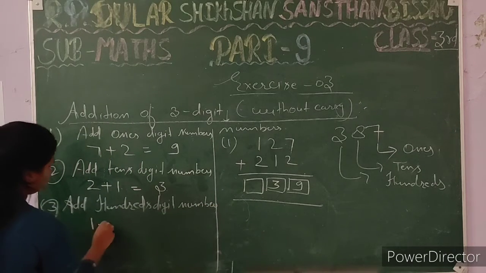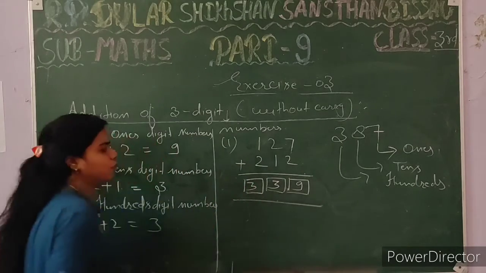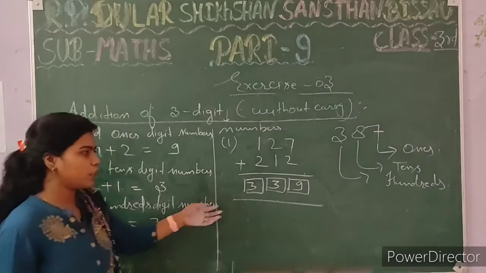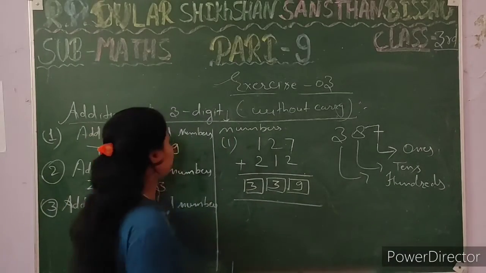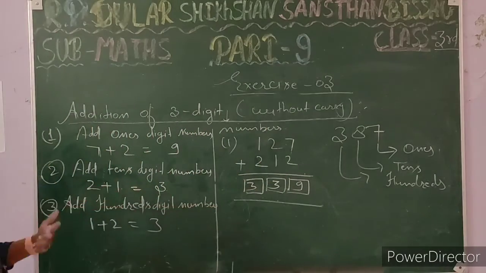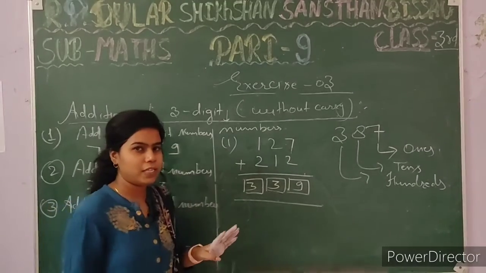The hundreds digits are 1 plus 2, it becomes 3. So we write here in the third column 1 plus 2 is equal to 3. Students, very easy method, additions of 3-digit numbers without carry. How do we add 3-digit numbers? We have 3 steps to add 3-digit numbers.